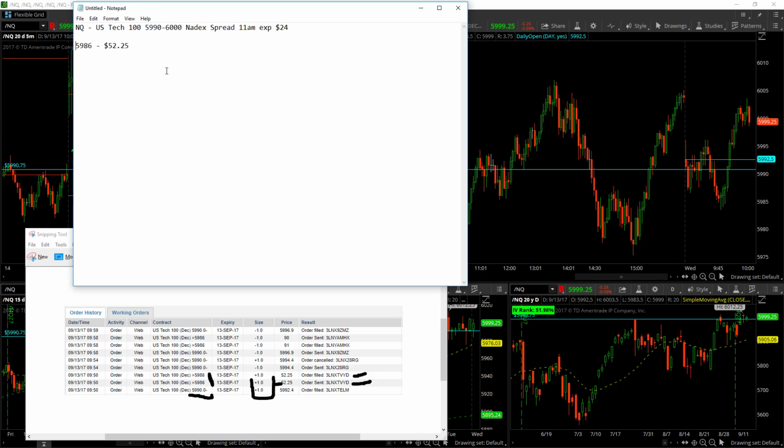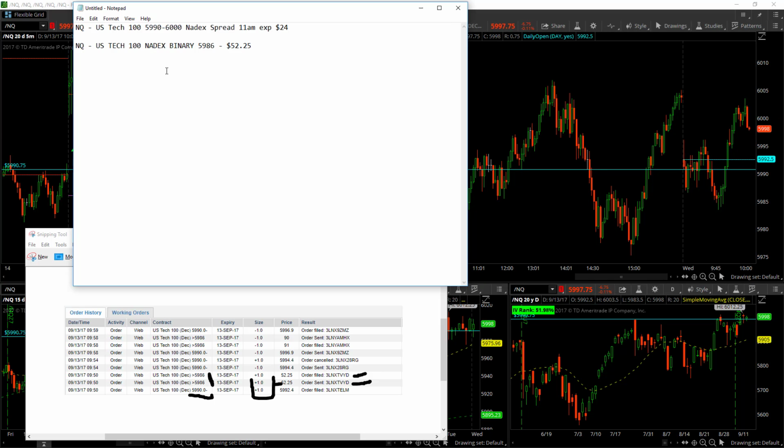Go ahead and put these in there. NQ, US Tech 100, Nadex binary, same expiration. Hopefully this is making sense here. Let me know if it is not. Feel free to ask questions as I'm doing this for you guys.